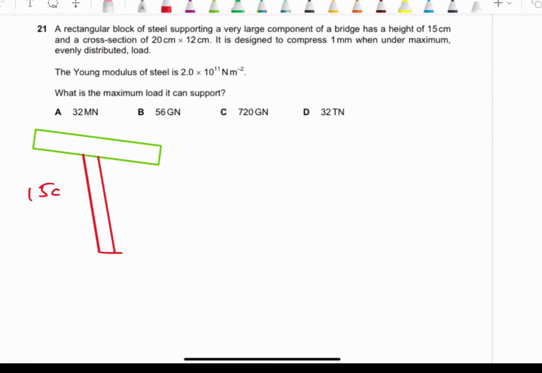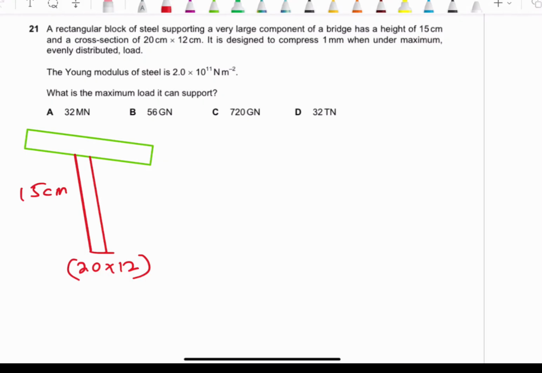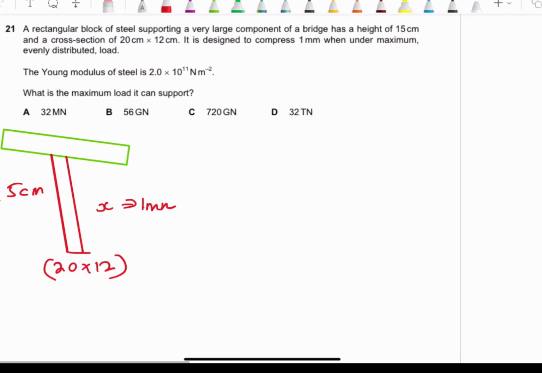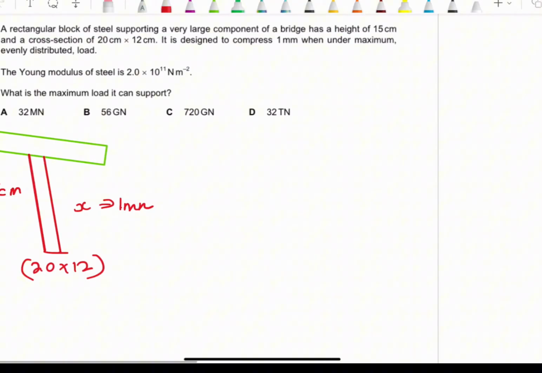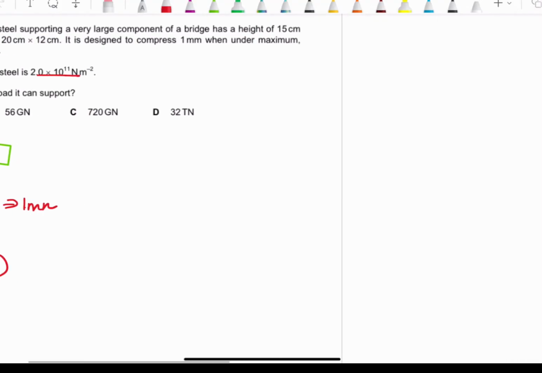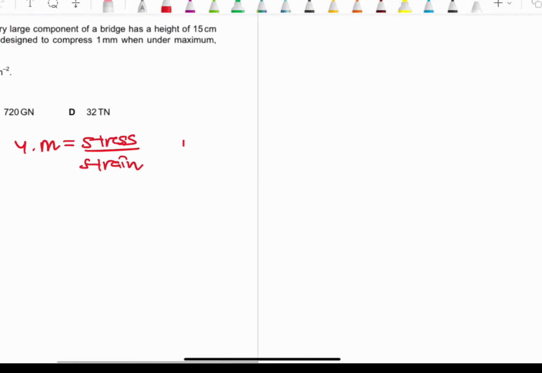The cross-sectional area is 20 times 12, and it is designed to compress, so X is designed to be 1 millimeter. What is the maximum load that it can support given the Young modulus? Very important: the Young modulus is the ratio of stress to strain.